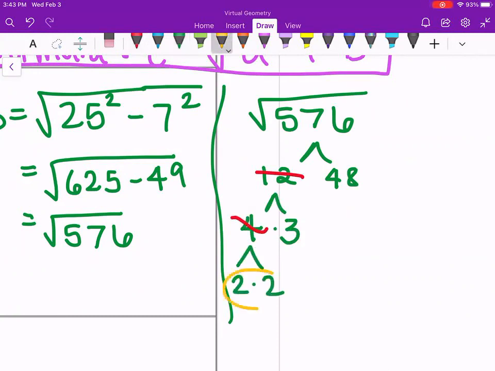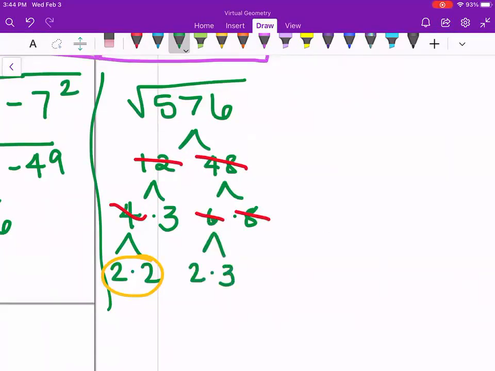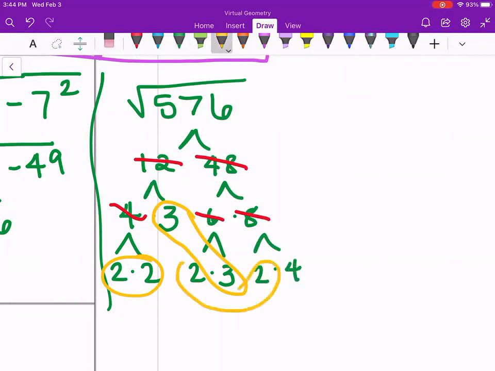There's my first pair. Now let's do 48. Can go 6 times 8. 6 and 8 can both go farther. 6 can go into a 2 times 3. There's a pair. 8 can go farther, a 2 times 4. There's another pair. Pair of 2s there.